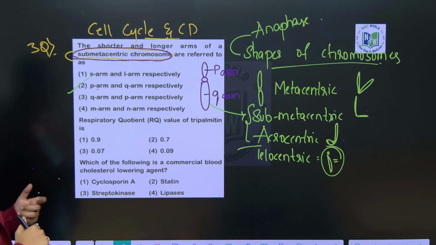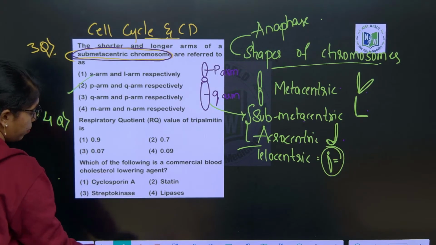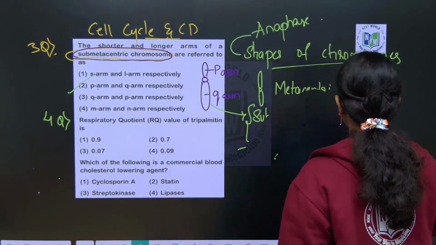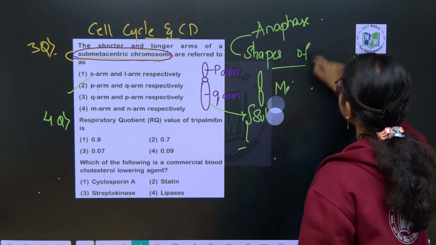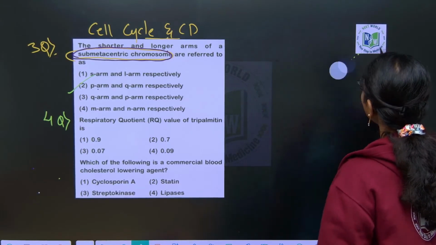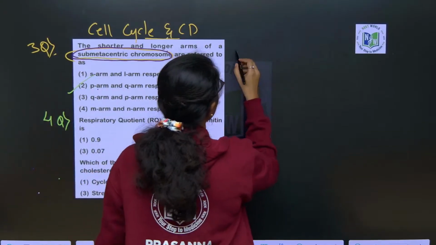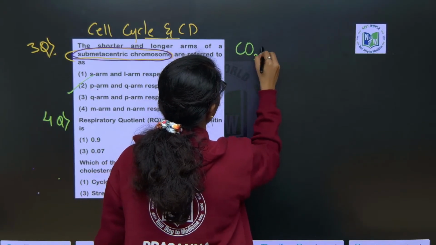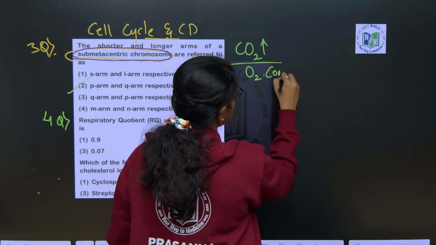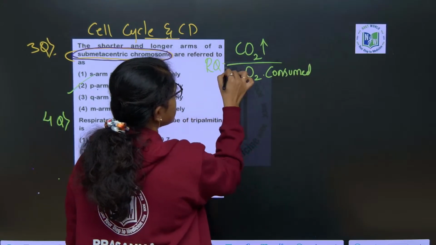Now, the next concept is about respiratory quotient, from the chapter respiration in higher plants. What is the RQ value? The RQ value is the amount of carbon dioxide evolved divided by the amount of oxygen consumed, for different respiratory substrates.